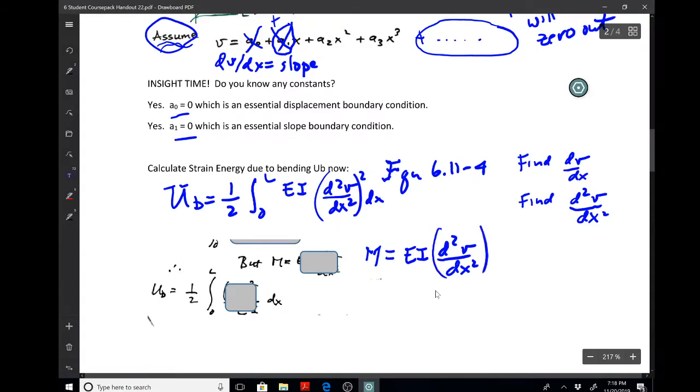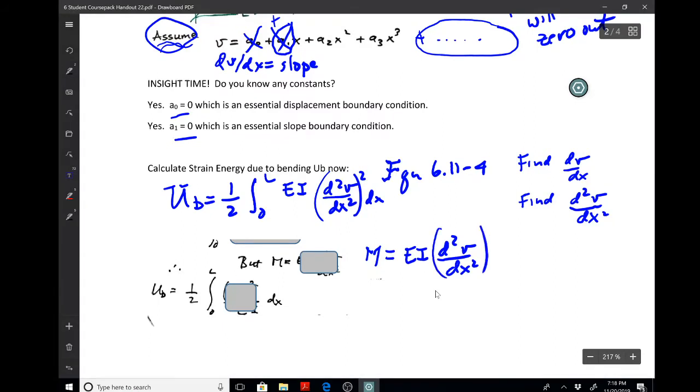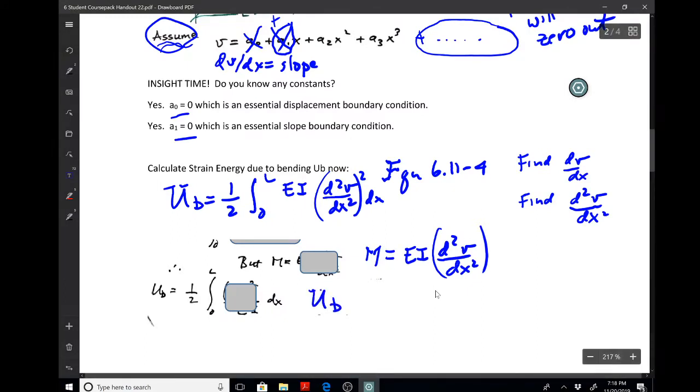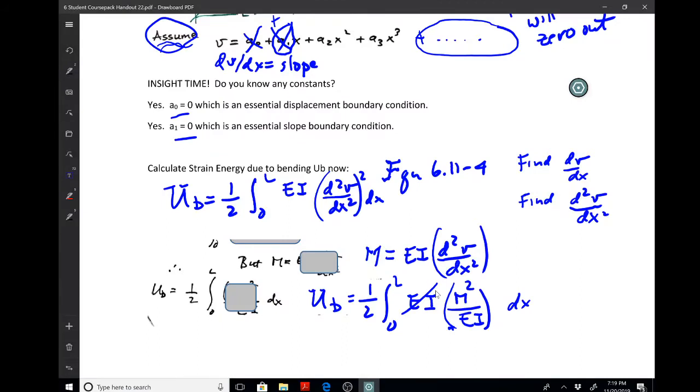So U_B is equal to 1/2 integral of 0 to L of EI times M over EI squared. And that gives me M squared over EI.